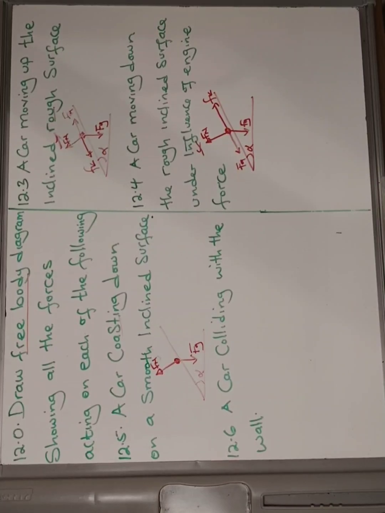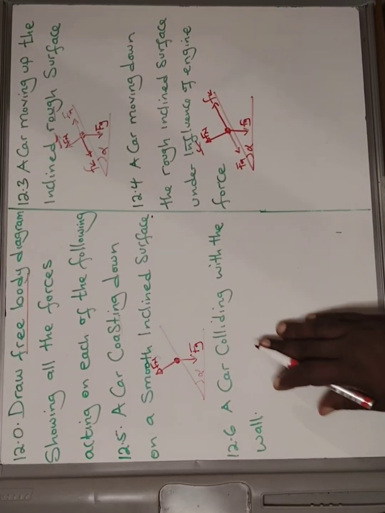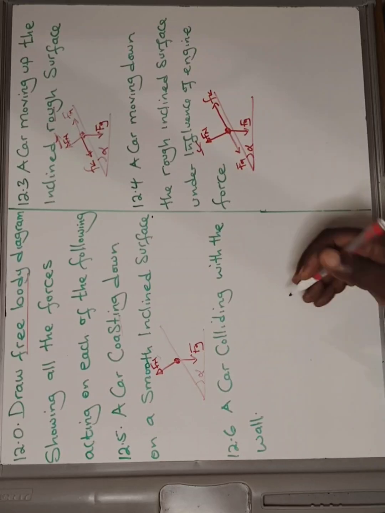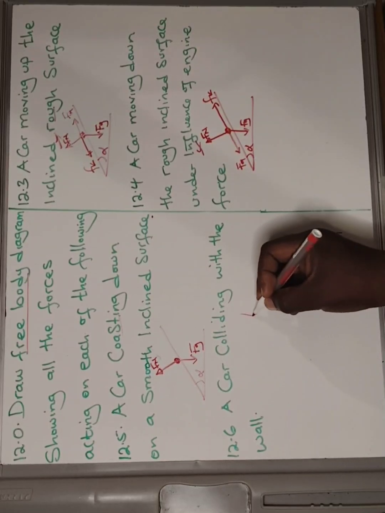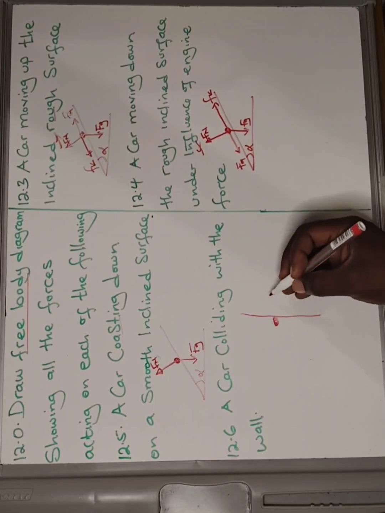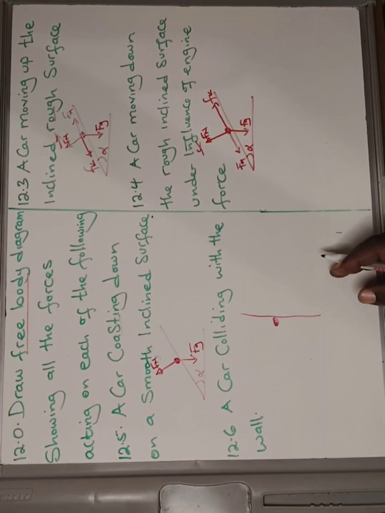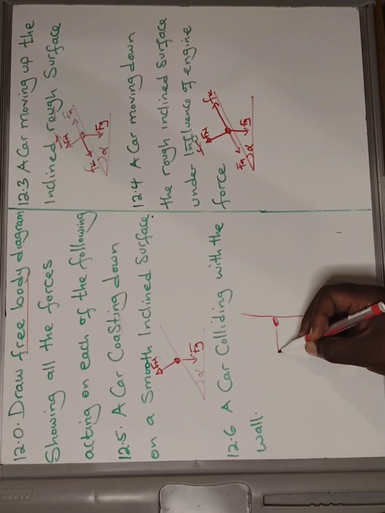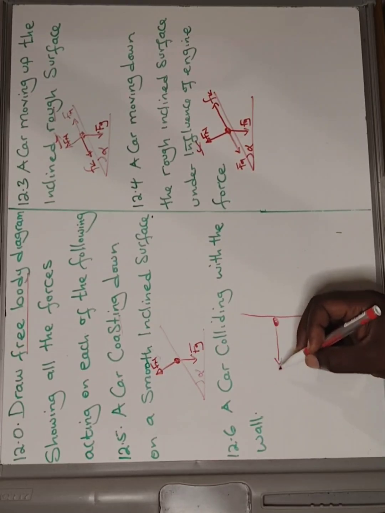Then comes this question, a car colliding with the wall. So what do we see? We are having the wall and our car is colliding with it. So what are the forces which are acting on the car? The first one is the one exerted by the wall.